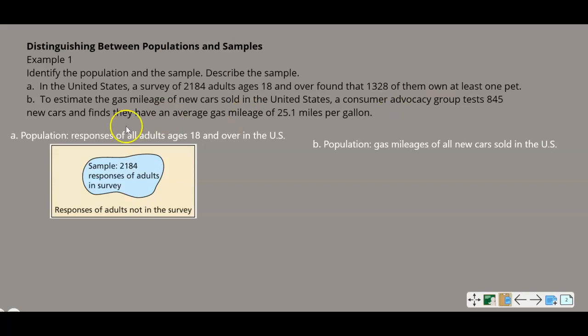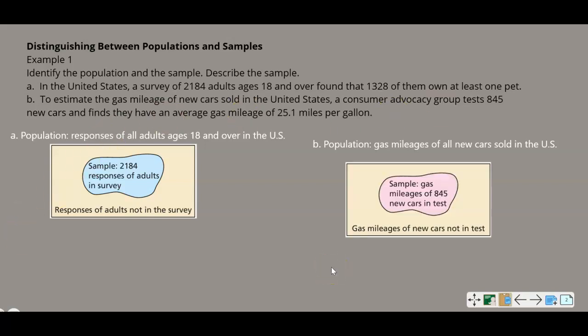So let's see what that looks like. So it's going to look very similar to part A. So all of this area out here represents gas mileage of new cars that were not in the test. And then you have this sample space. The sample consists of the 845 new cars that were in the test.